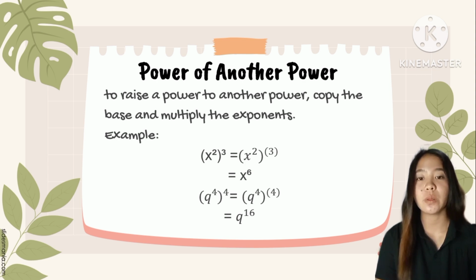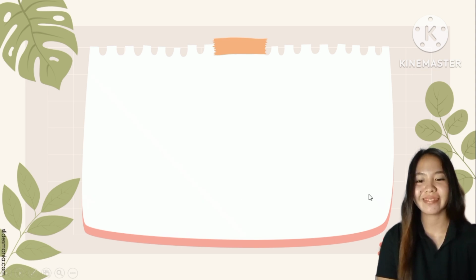What we are going to do is multiply the exponents. So we got x raised to 6, because 2 times 3 is 6. Okay, next, we have q raised to 4 raised to 4 is equal to q raised to 16, because 4 times 4 is 16. Okay, do you get it?